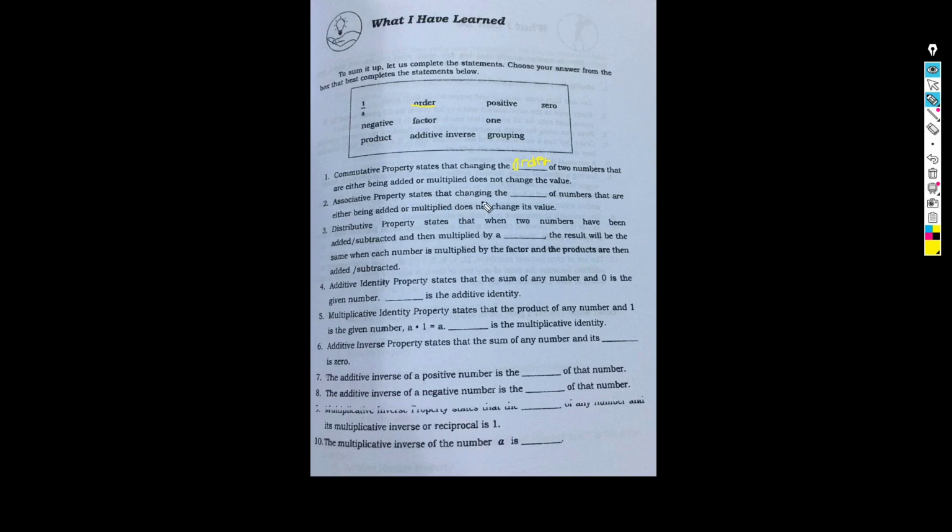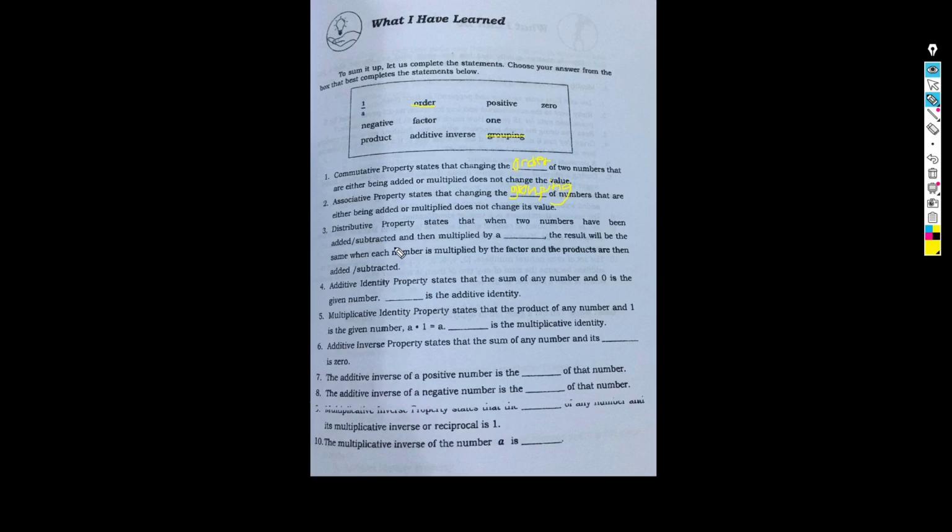Number 2, associative property states that changing the grouping of numbers that are either being added or multiplied does not change its value. This one is about changing the grouping.